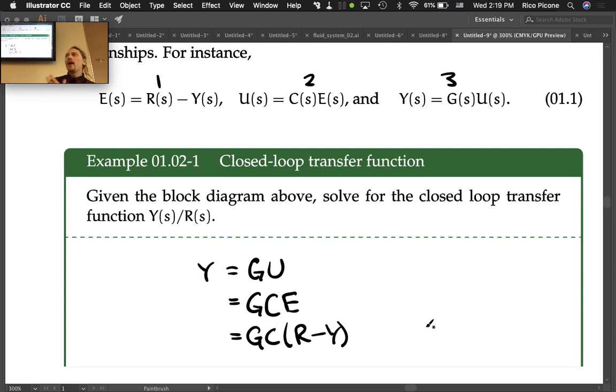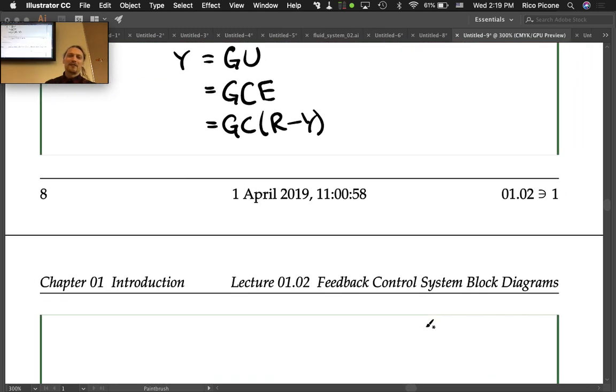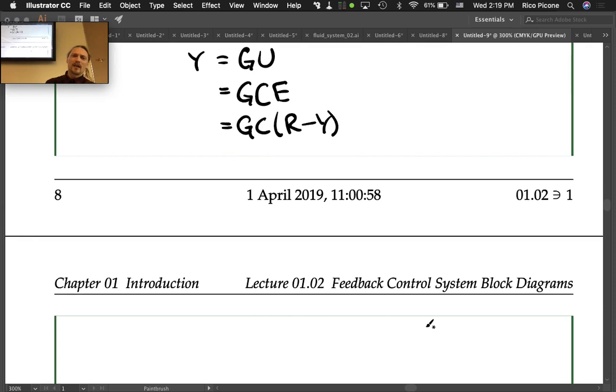If we solve for Y, since we're looking for the ratio Y over R, a good approach would be to solve for Y and then divide both sides by R, and hopefully the R will fall out of the other side. If it's a linear system, this will happen, and fortunately we're working with a linear block diagram description. So we can solve for Y by bringing this Y term over to the left-hand side.